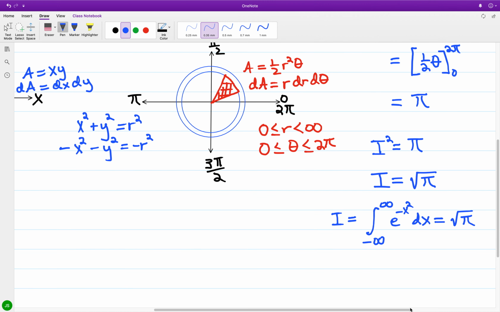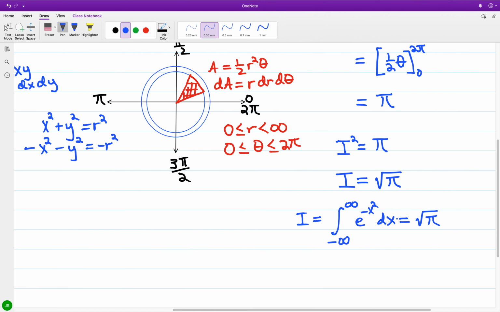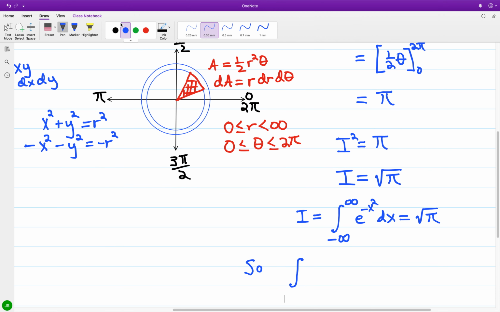Now, e to the negative x squared is an even function, and you'll have symmetry with respect to the y-axis. So it follows that we're looking at half of this particular region. So the integral as x goes from 0 to infinity of e to the negative x squared dx is equal to the square root of pi all over 2.